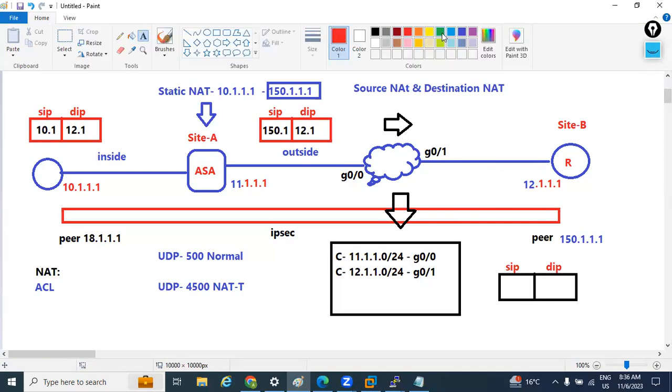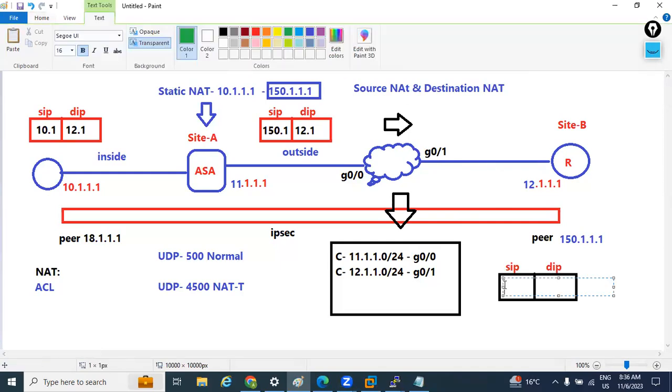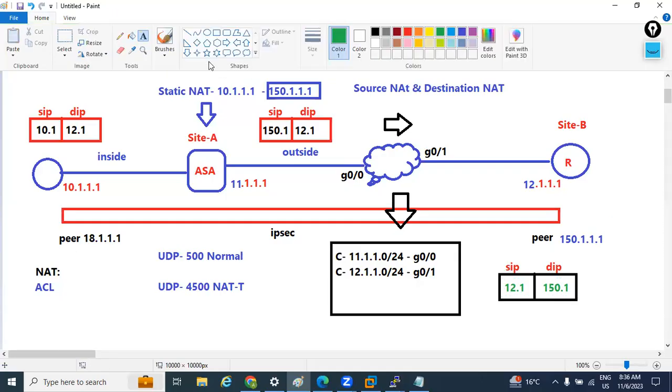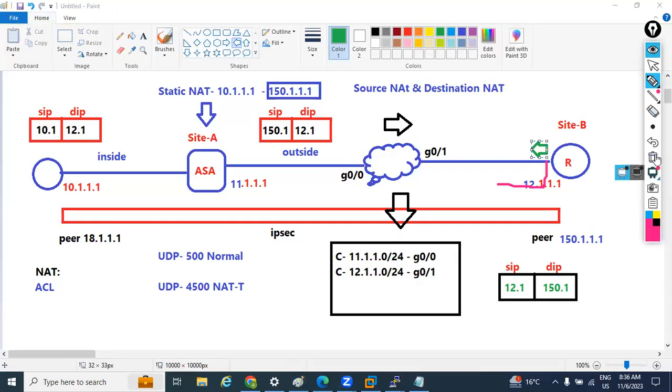What is the source IP here? The source IP would be 12.1 and destination would be 150.1 here. So here also we have a configured default route, and as per the default route, it can go anywhere. Once it is back on the ISP, it would check: do I have any routes for 150? The answer is no, we do not have any routes for this.